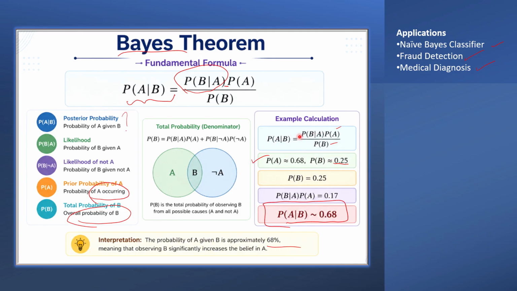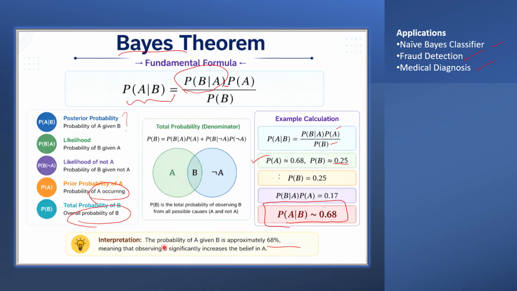In simple words, we calculate P of A given B is equal to P of B given A dot P of A divided by P of B. Say P of A is 0.68, P of B is 0.25. Finally, if we calculate, we get 0.68.